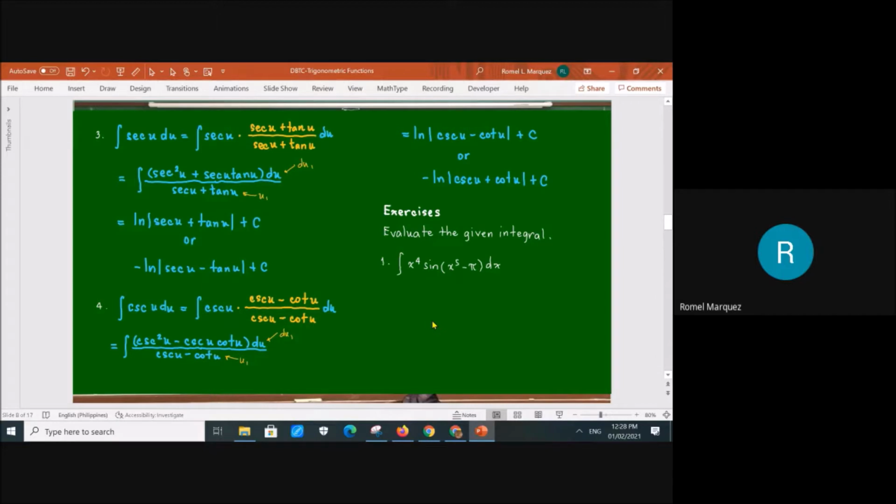Of course, if you see trigonometric, try first its argument, its angle. But remember, angle is measured in radian measure. So let's try taking its angle as the u, and then verify if the du is present inside the integral sign.